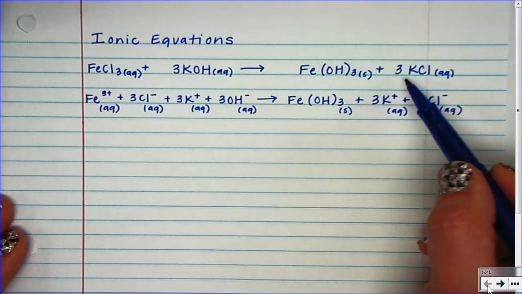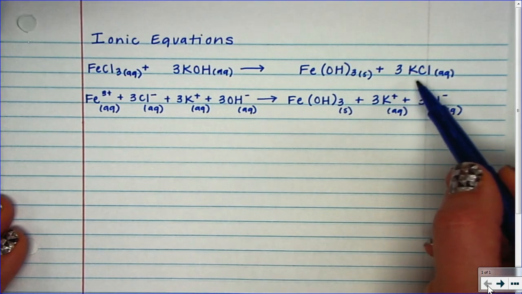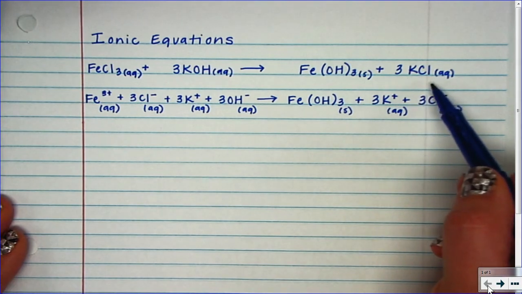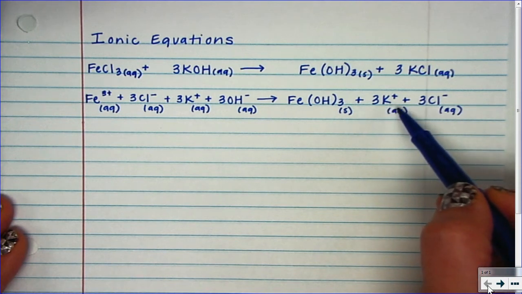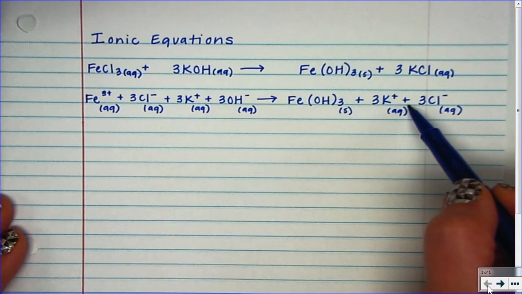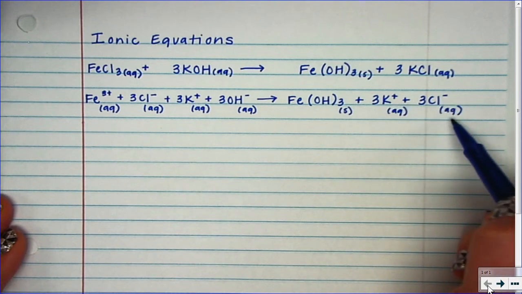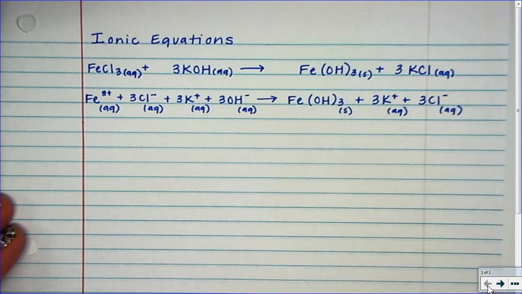Now that we have this 3 where it's supposed to be, this 3 is also going to distribute to the K and to the chloride, potassium and the chloride, should I say. And so you have 3 K pluses at aqueous state, and we have 3 Cl minuses at aqueous state. This is going to be called our complete ionic equation. And at this point, we want to cross out anything that is the same on both sides of the equation.